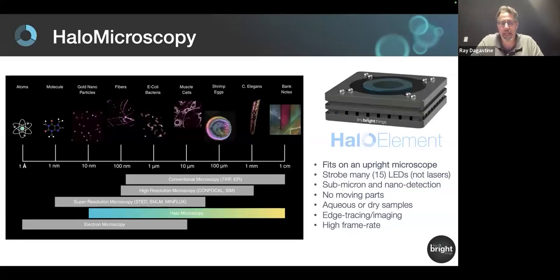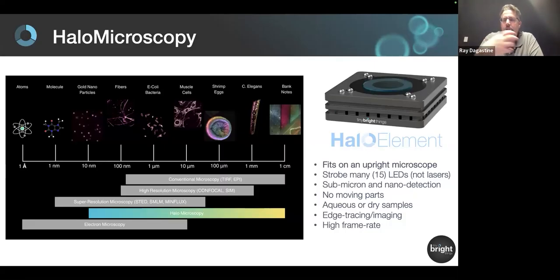It uses LEDs, not lasers. It uses a sequence of them to build an image. You can get submicron and nano detection, no moving parts. It'll work with aqueous samples or dry ones. It effectively does edge tracing, and it works as fast as you can take a picture, and it can even go to higher frame rates.